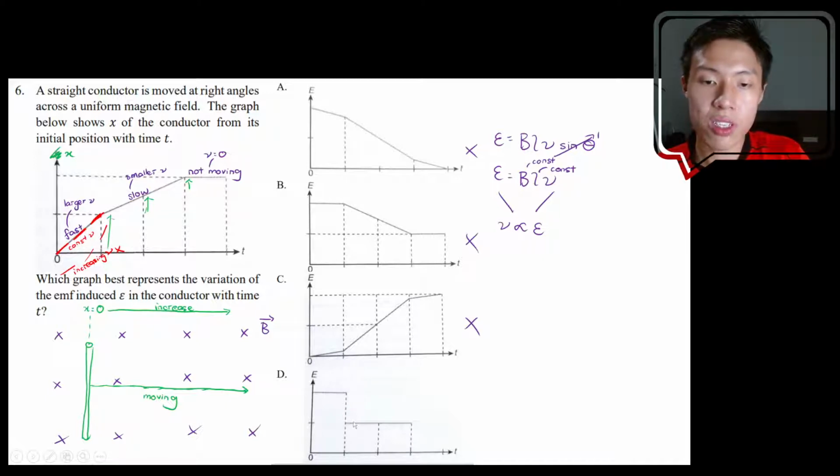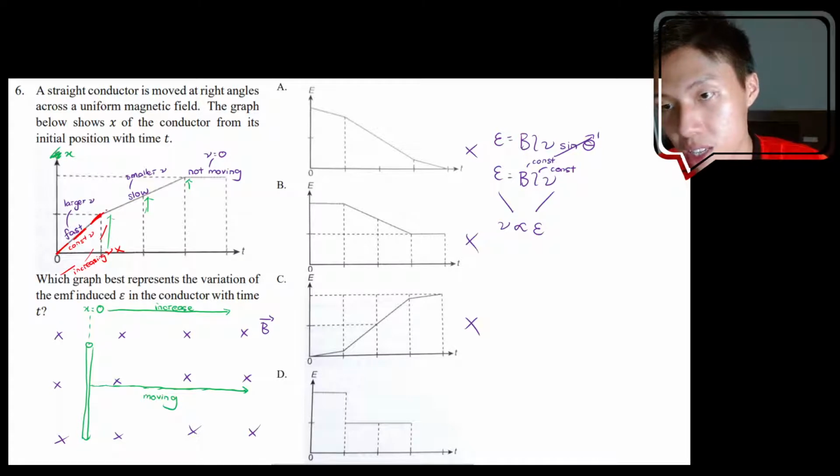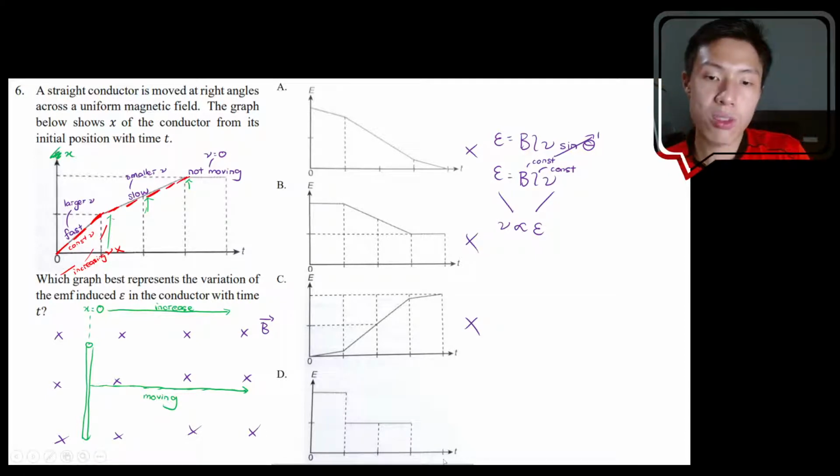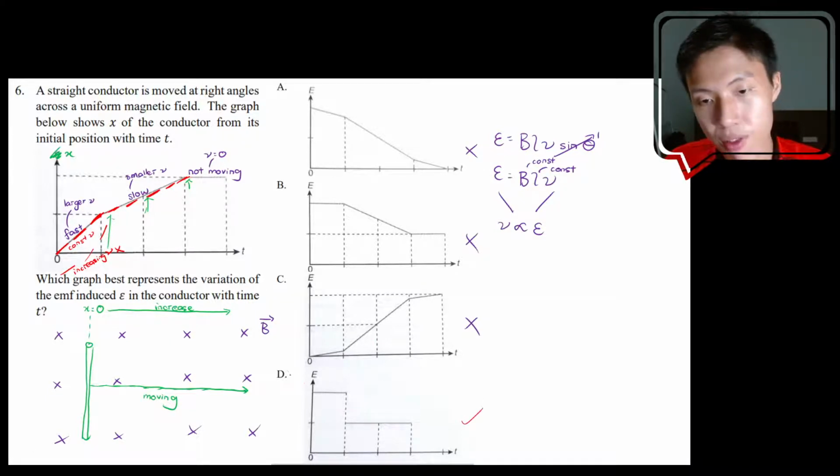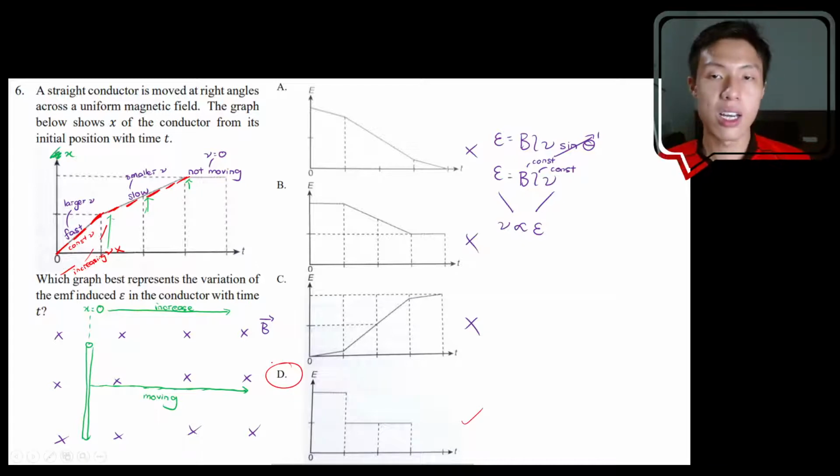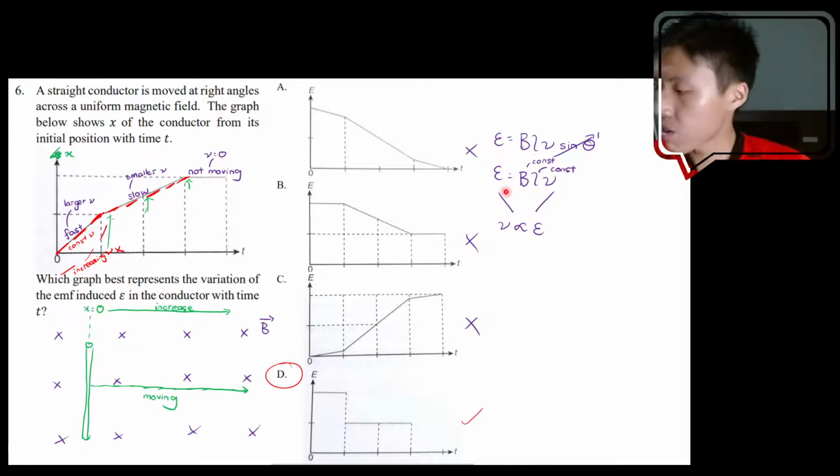You see a constant EMF across the second and third section, because the gradient remains the same throughout the second and third section. That's why the EMF is also constant at a certain value throughout them. That's why this will be the correct graph. This will be the answer, based on this equation over here. So this is how you solve question 6.